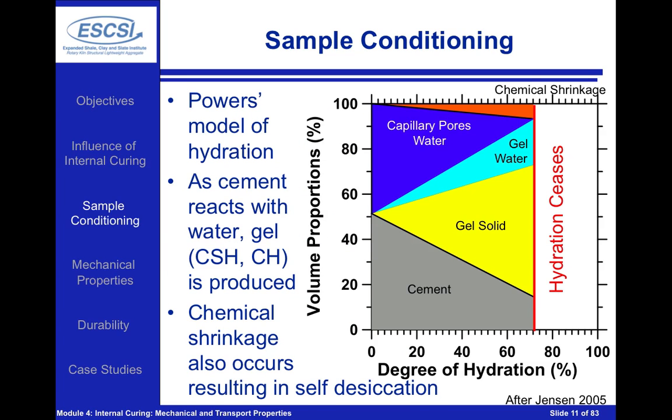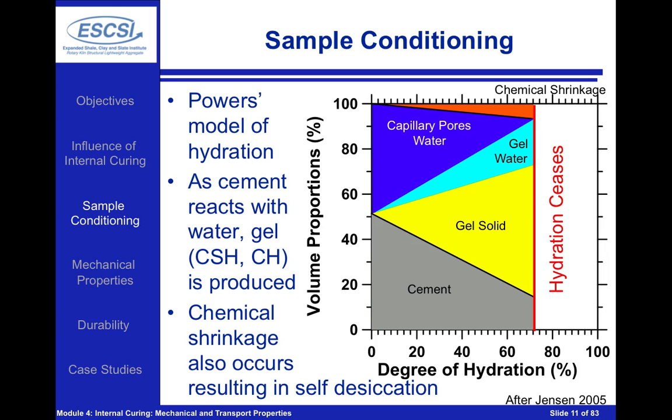So to get into this a little bit more, in some of the earlier modules we've talked about the role of Power's model. We've talked about what happens when the cement begins to hydrate. And what we can see here is Power's model again illustrated, where the x-axis is the degree of hydration, the y-axis is the volume proportions inside of the paste.